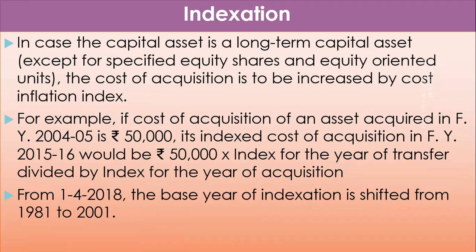For example, if the cost of acquisition in 2004 is 50,000, it is indexed as 50,000 multiplied by the index of the year divided by the index of the base year. From 1/4/2018, the base year is shifted from 1981 to 2001. So it will be very easy for you to get the valuation, as well as the valuation would be higher. So the indexation value would change. The indexation parameter would change, but the value would also increase.